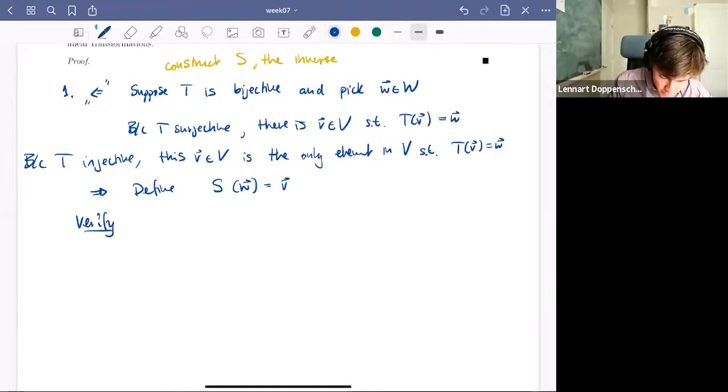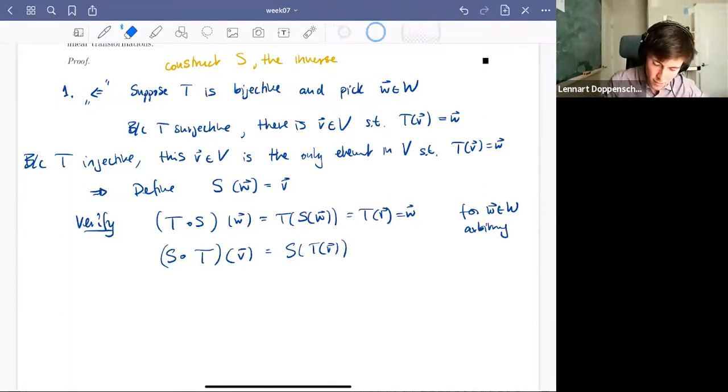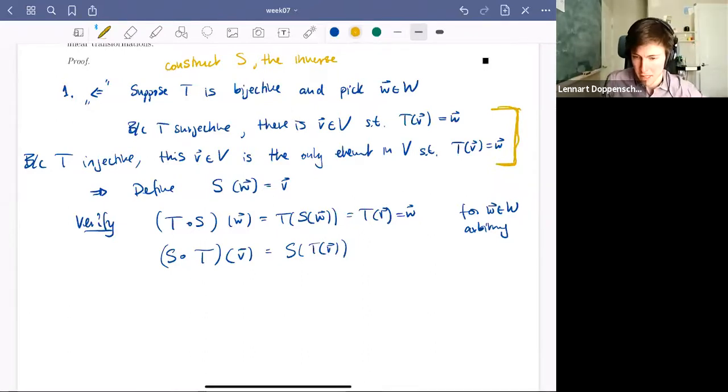Now we can verify that if we have T composed with S of any element W, for W in the target space arbitrary, this is T of S of W, but this is exactly T of V such that V maps to W, so this is W. Similarly, S of T of V: if we're given T of V and apply these two constructions, V maps to T of V, but by injectivity, V is the only thing that maps to T of V, and so S is supposed to be that element.